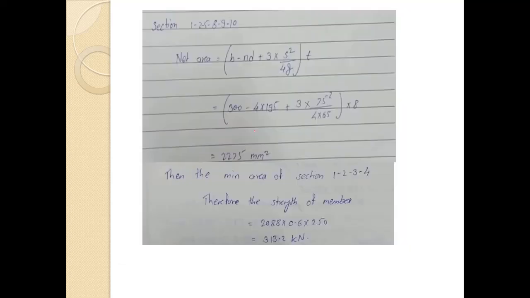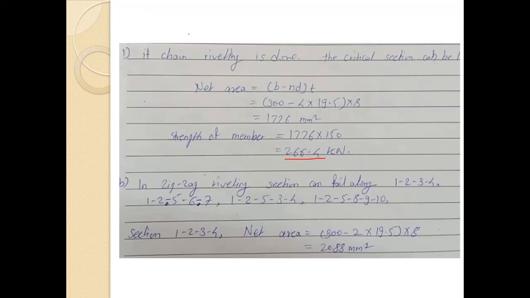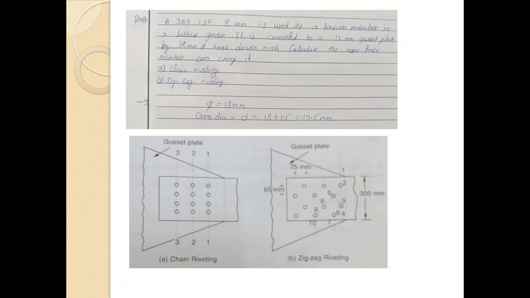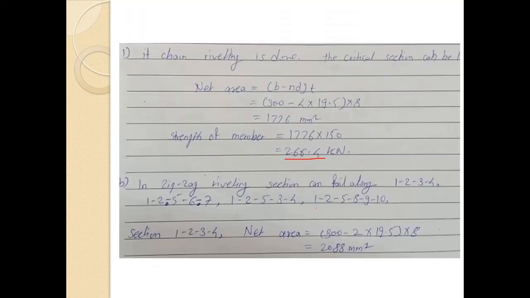Now moving towards the next section, that is 1, 2, 5, 8, 9, 10. Let me clear this. So starting from here, 1, 2, 5, 8, 9 and 10. So we are having 1, 2, 3, 4 rivet holes, and diagonal sections are 1, 2, 3.